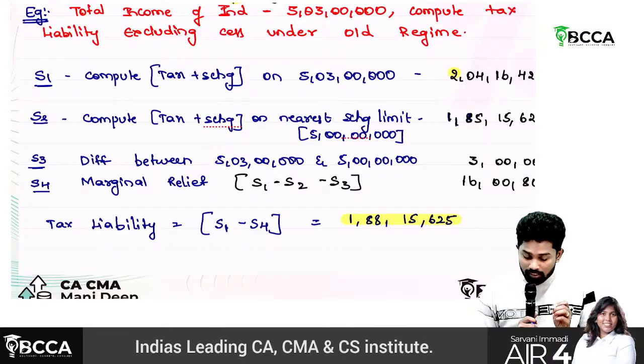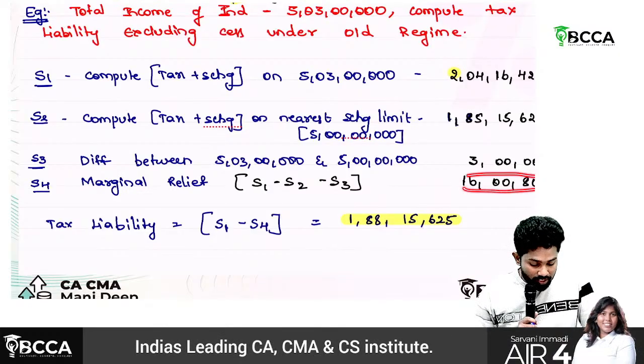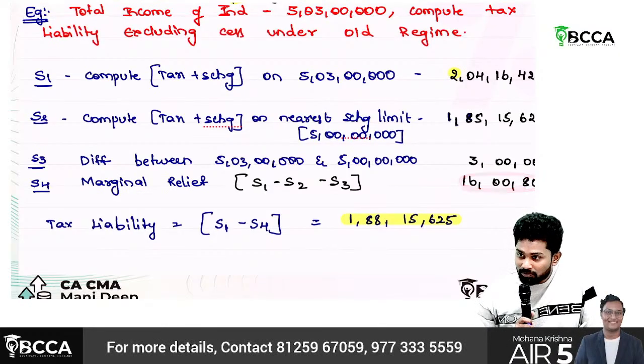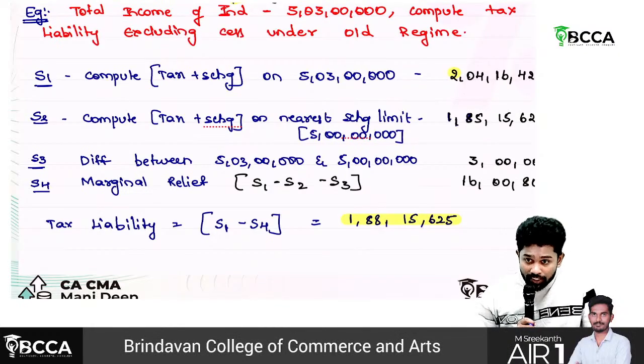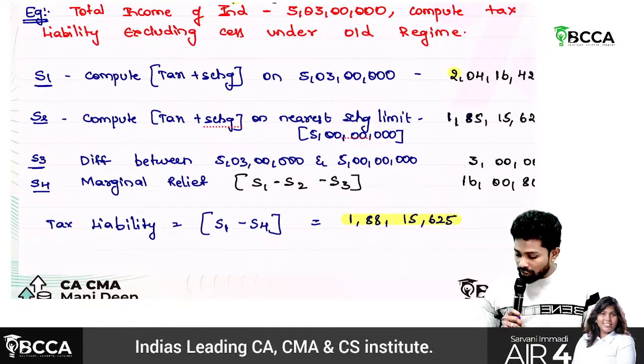Sir, understand here. If this answer comes negative, then there is no marginal relief. Step 1 minus step 2 minus step 3, if it is negative, then there is no marginal relief. Only if it is positive, then there is marginal relief.